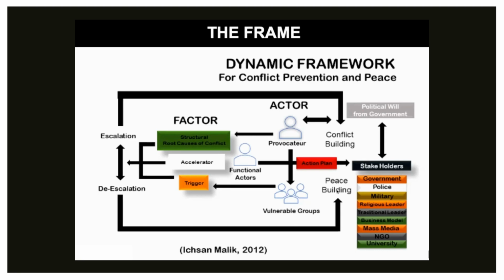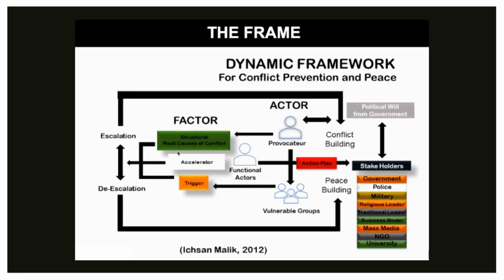It is the first element, but the dynamic is not easy like that, because we still should analyze the factor of the conflict. It is the second element. Conflict still has the trigger, the accelerator, and also the structural root causes.